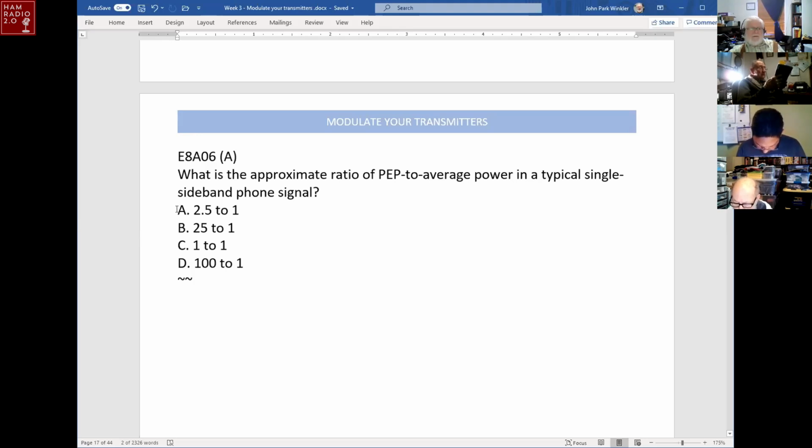And we're talking about a well-modulated single sideband signal, not one where you're whispering into the microphone. It would almost always be higher than 1, because the peak envelope power would be those points where your sound volume in a particular syllable is the greatest, and the average power has got to be less than that.